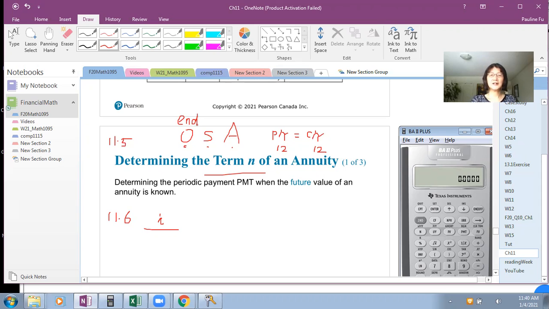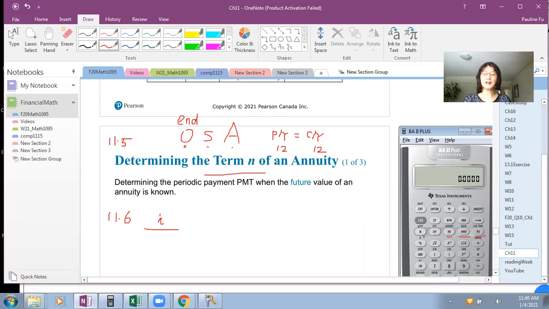Okay. In the previous lecture, we calculated the future value of ordinary simple annuity. We calculated the present value of ordinary simple annuities. We also calculated the payment for ordinary simple annuities. So in the previous lecture, we did present value, PMT, and future value.